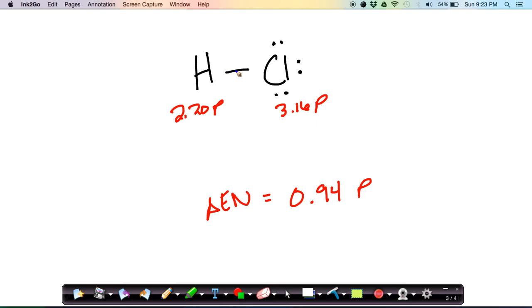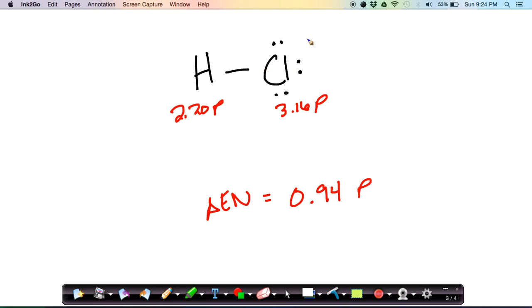And while we won't actually calculate and quantify electric dipole moments in this class, what we will do is indicate separation of charge in one of two ways. The first is using lowercase Greek letter deltas to indicate a partial charge. So this is not like an ionic bond where electrons are transferred from the hydrogen to the chlorine, but the chlorine does have a greater attraction for the electrons, and they're closer to the chlorine nucleus as a result.